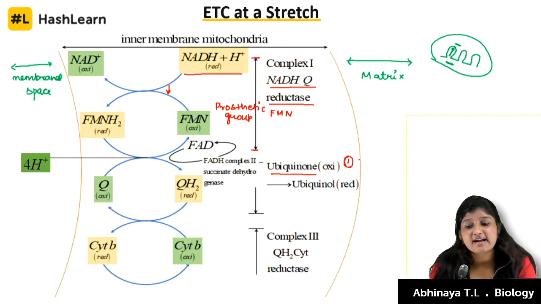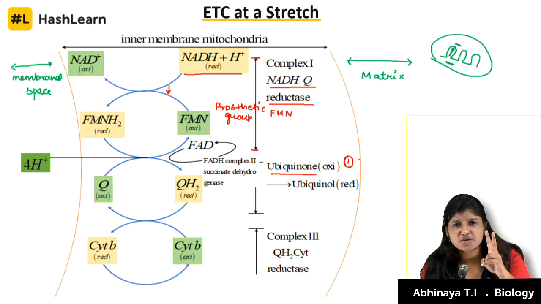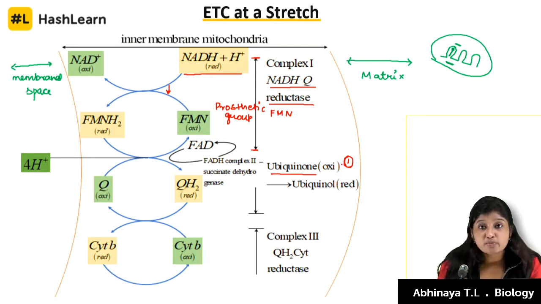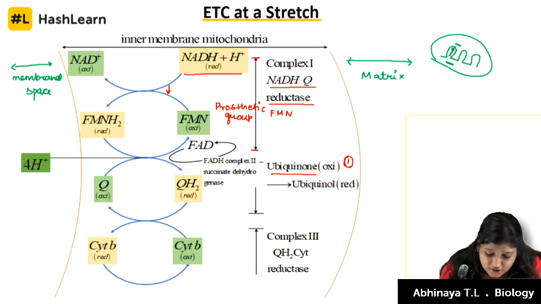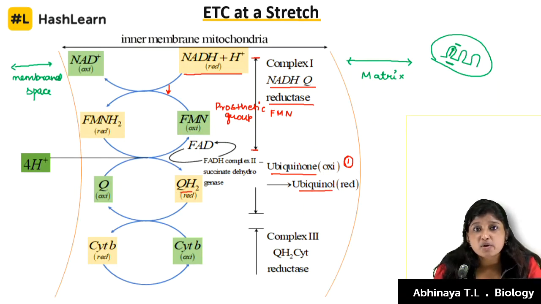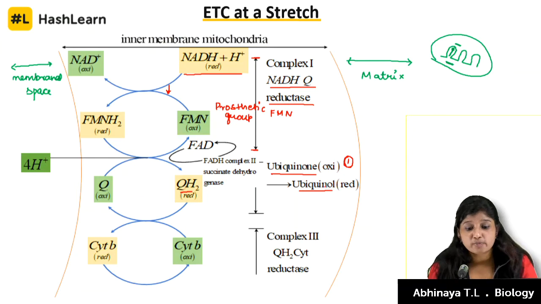I was saying that, right? There are 2 small electron carriers. We have talked about ubiquinone here. Ubiquinone takes in the electron and gets reduced to ubiquinol. I have written it here. Ubiquinone to ubiquinol. This oxidized form is ubiquinone and the reduced form is ubiquinol.